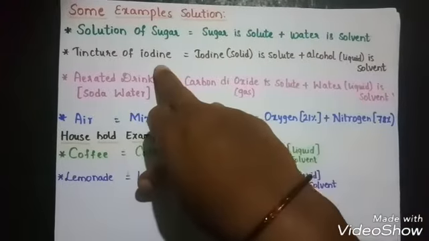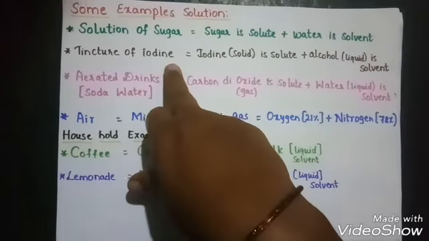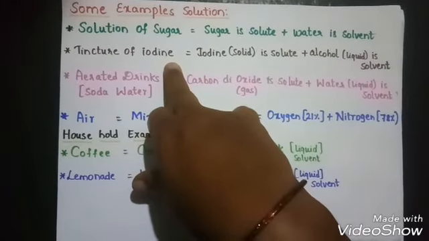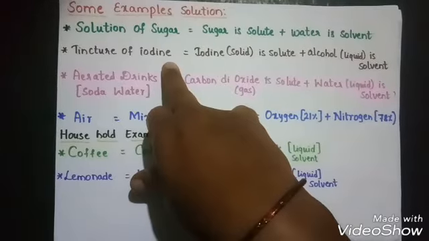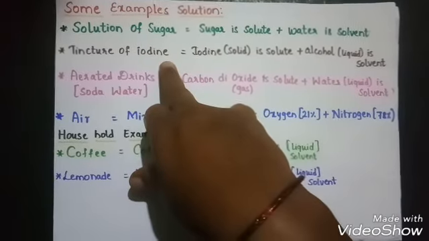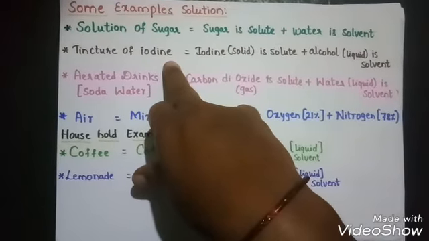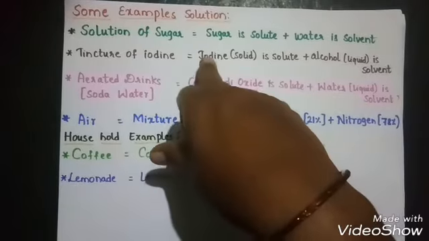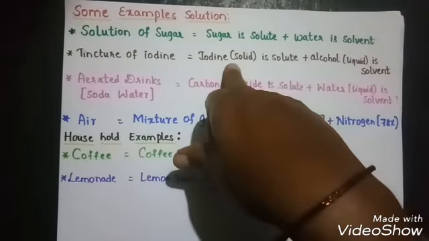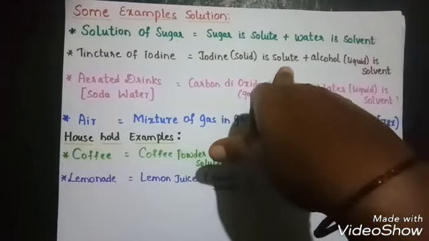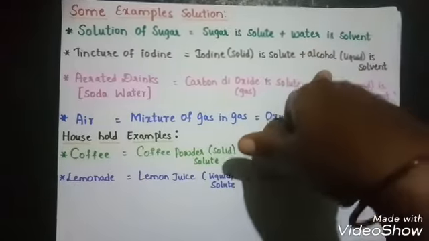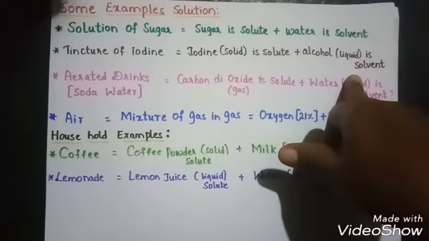One more example is tincture of iodine. When you get a wound, what do you apply? Tincture on that wound. How is tincture made? By adding iodine, a solid that we call the solute, to alcohol that acts as the solvent.